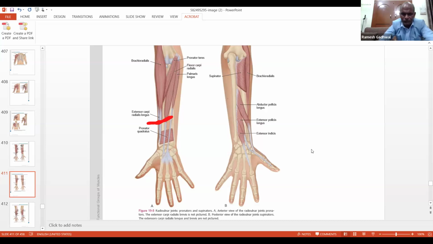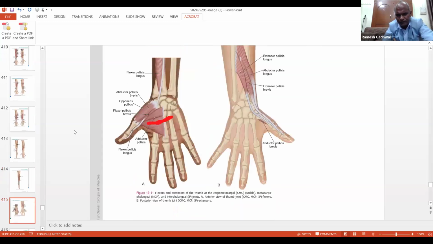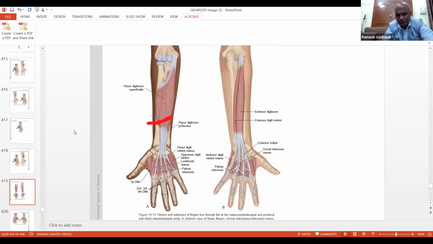Fine, sir. Okay. On this area. That is the dorsal area, sir. Yes, dorsal area. Okay, thank you.